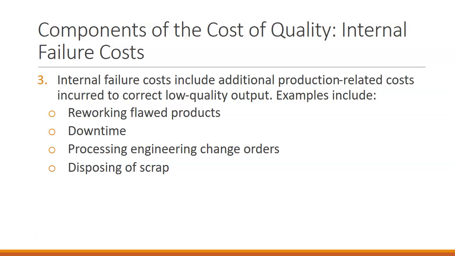Disposal of scrap from various reasons. So our employees are still learning and they end up creating a lot more scrap materials than good finished products. Processing any change orders because we've made last minute changes to design.